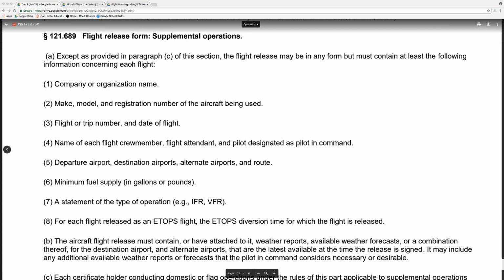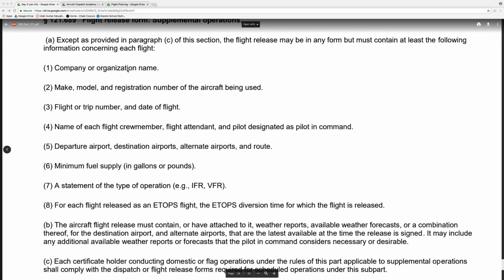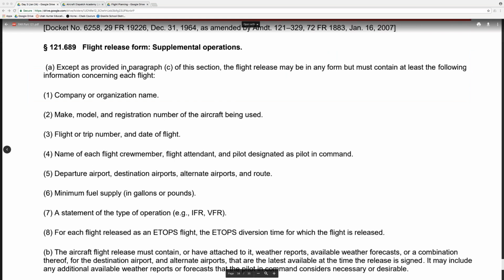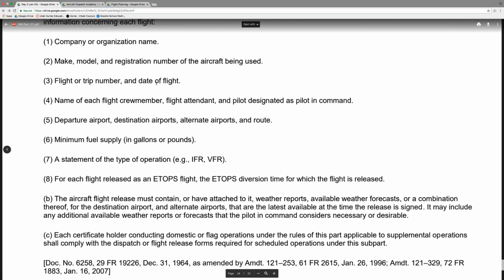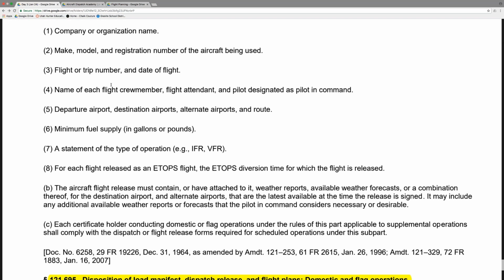Okay, so supplemental operations. What's important to go over there is just a quick brief on remembering that supplemental operations require something else. They require a flight release, not a dispatch release. And then, they have to have things like the company name, the make, model, and registration number of the aircraft, trip number, name of everybody on board, pretty much.